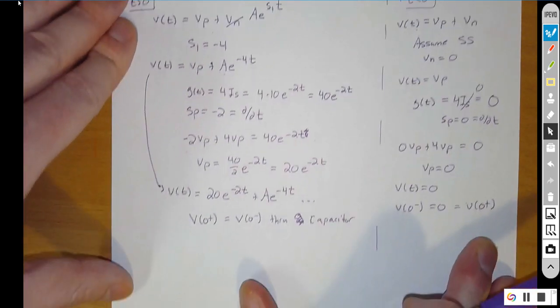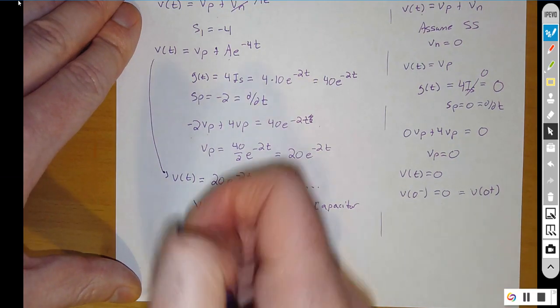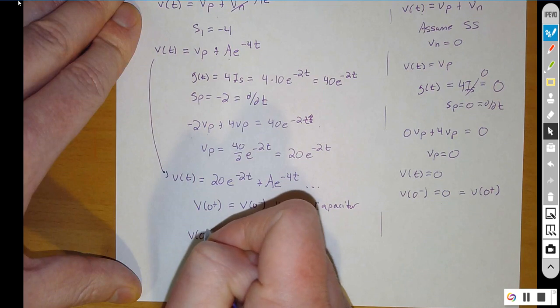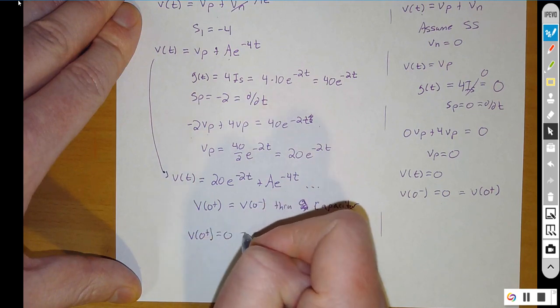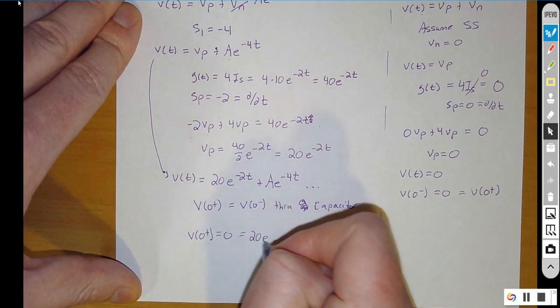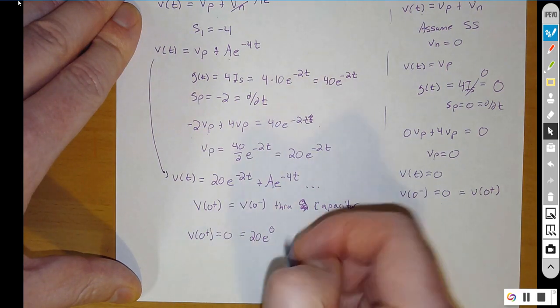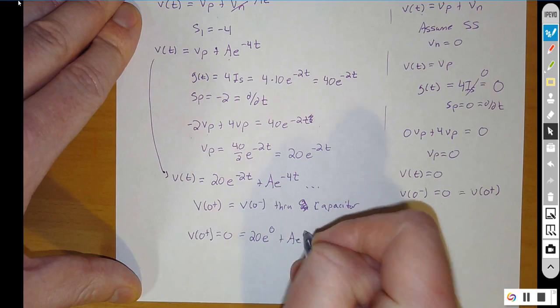Alright, so back over here to our left-hand side. So therefore I know that V of 0 plus is equal to 0, which is equal to 20e to the 0. So when I put in a 0 here, this is going to go to 0. So it's going to be basically just 20 plus a e to the 0.